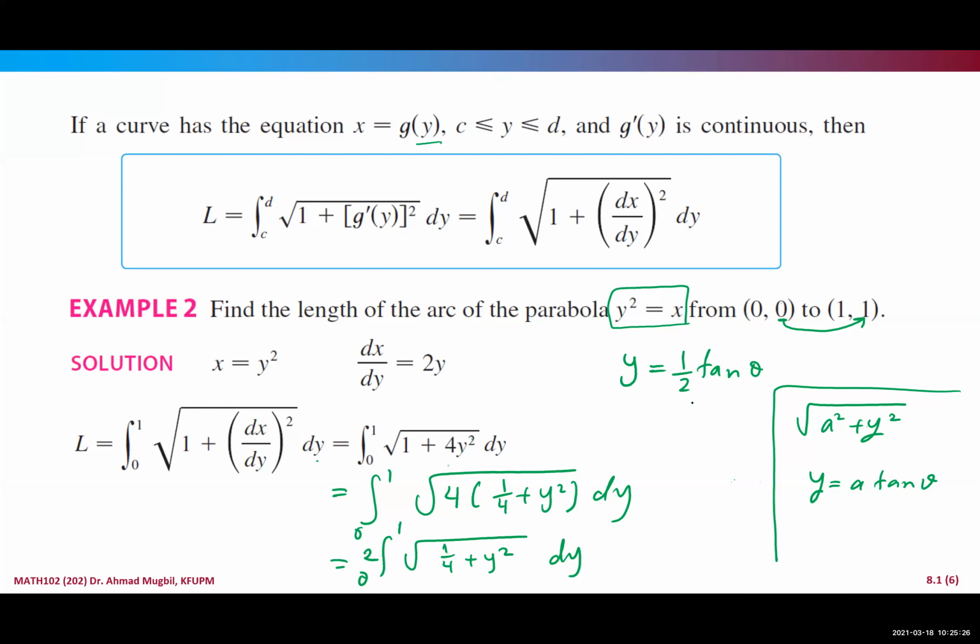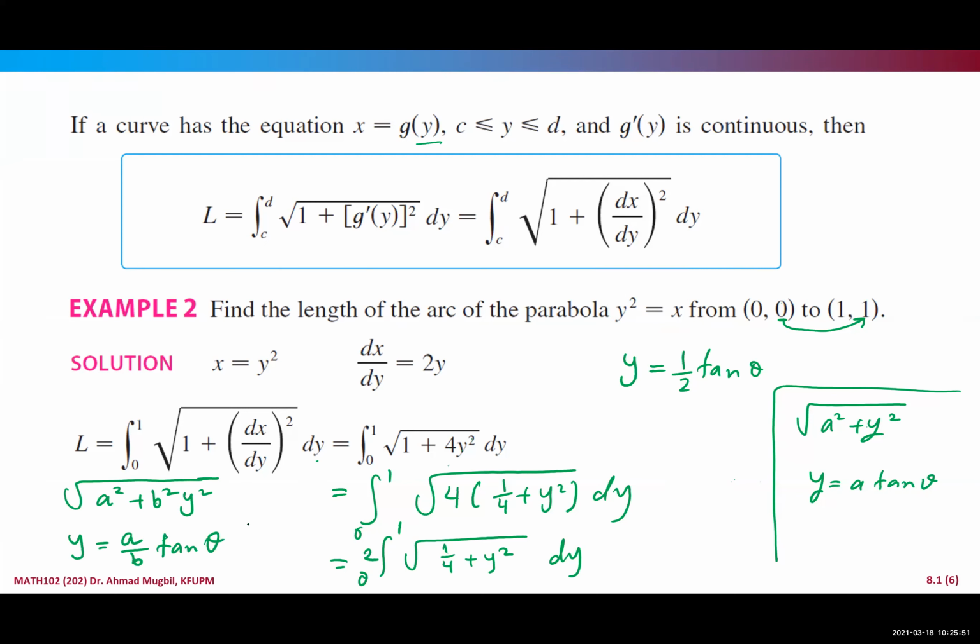I'm sure that I told you about generalizing what you learned before. Now, if I have the square root of a squared plus b squared y squared, or x squared, what will I put y equals or x equals to? I will put it to a over b tan theta.